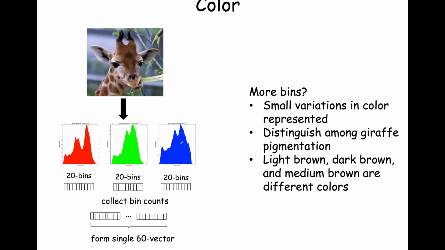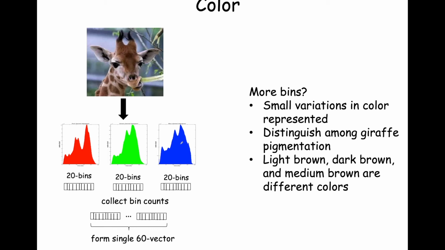So what do more bins do? More bins means the range of pixel values represented in a single bin is going to be smaller, because remember, we can have 255 different saturations for the red, the blue, and the green. If we narrow the range per bin, the range of saturations represented by a single bin is fewer. We're quantizing into a larger number of categories or levels, and therefore the range of colors represented by a single bin is a smaller range.